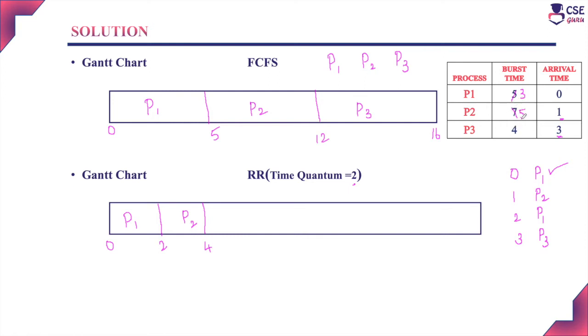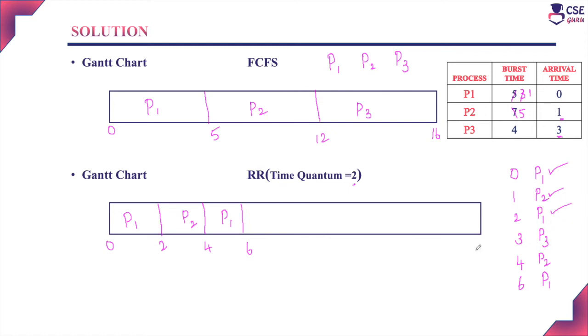It requires 5 more milliseconds, so it will be added to the tail of the ready queue. And the next process in the ready queue is process P1, and P1 will execute for 2 more milliseconds. It requires 1 more millisecond to complete its execution, so at the time of 6 milliseconds, process P1 will be added to the tail of the ready queue.